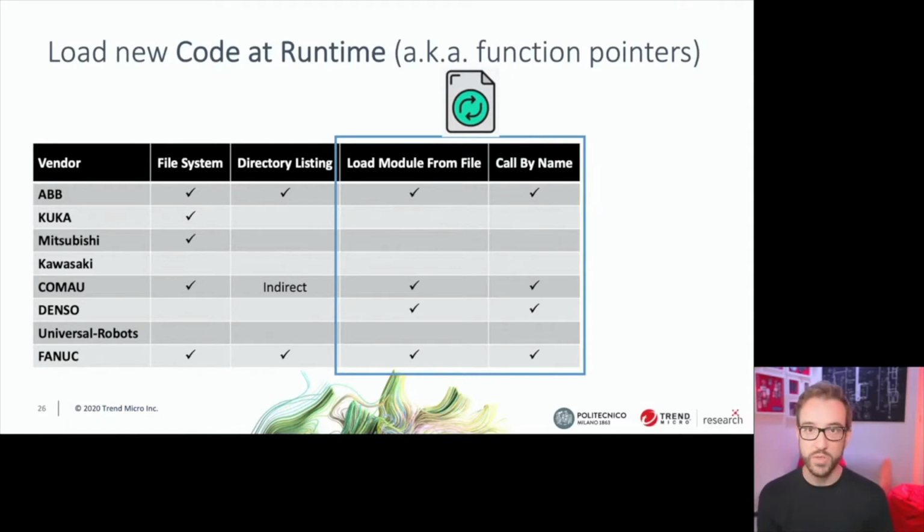And that's exactly what this functionality is about. Most of these languages allow you to retrieve code that is only available at runtime, so for example from a network, from a file or whatever, load it into memory and then jump there.